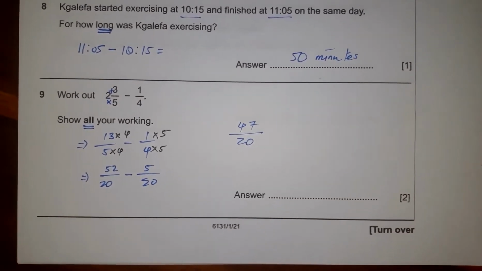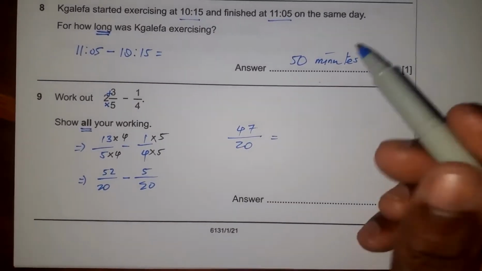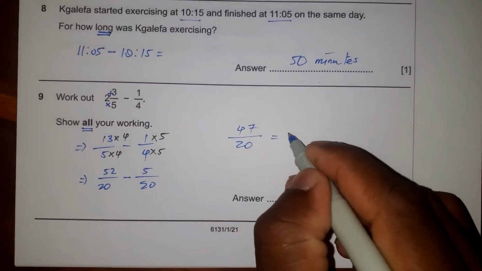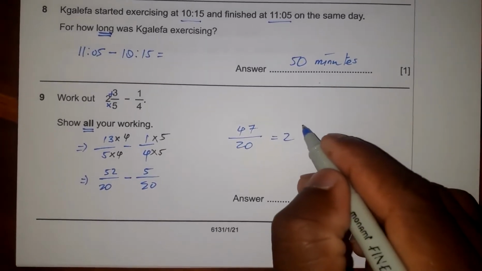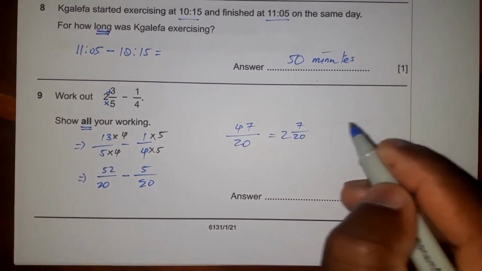So to write that as a mixed number, we ask ourselves, how many times can 20 go into 47? It is 2 times. Remainder 7 over 20.